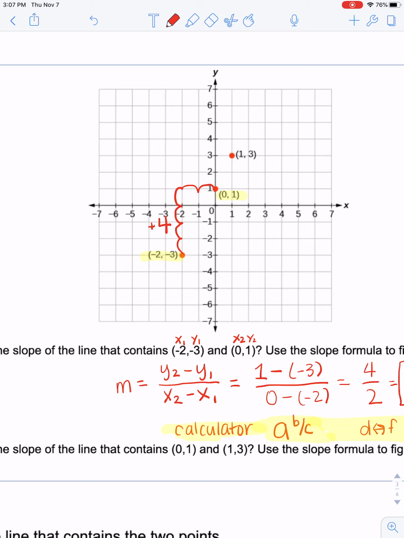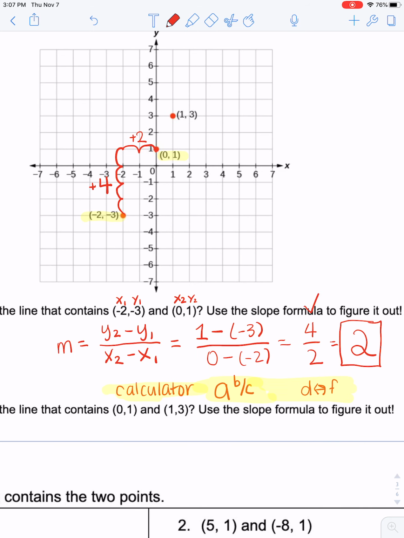Then 1, 2, because it's going to the right, it'll be a +2. Rise over run would be 4 over 2, and that's exactly what we got, so check. This is a great strategy to use when you are checking your work. The slope formula is the way I would go if the graph was not there.